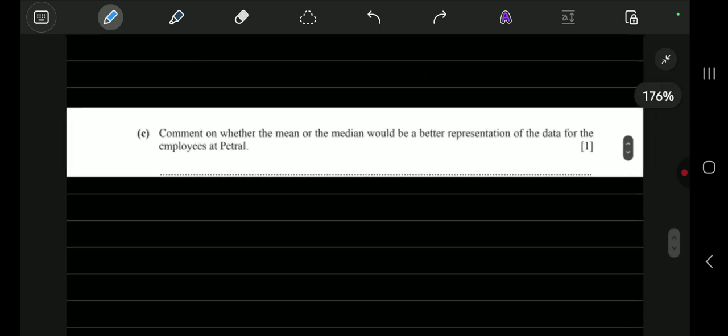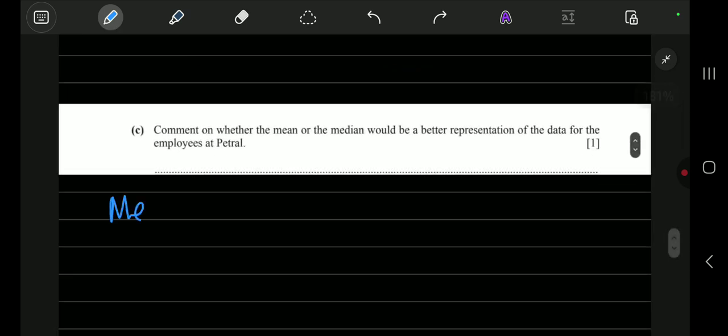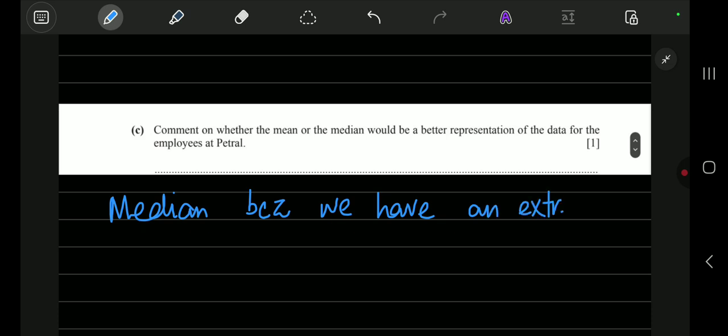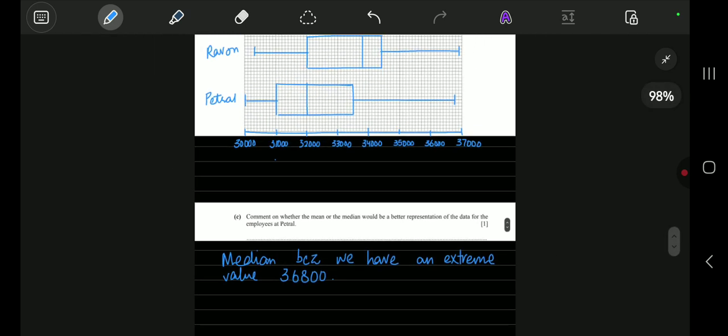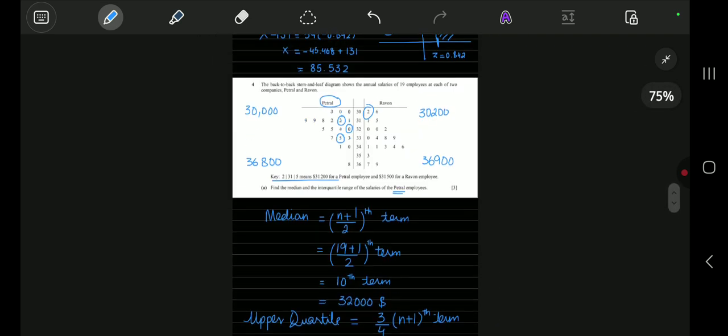So you will be writing that the median would be a better representation of the data because we have an extreme value of $36,800. Okay, so that's all about this question number 4.